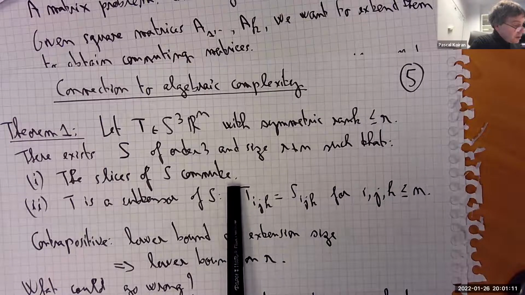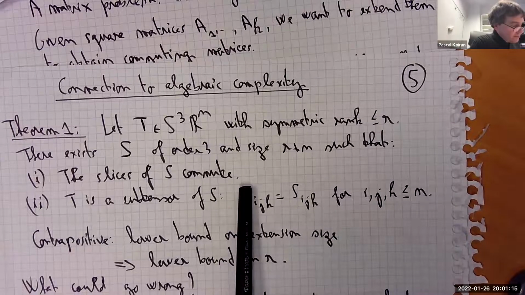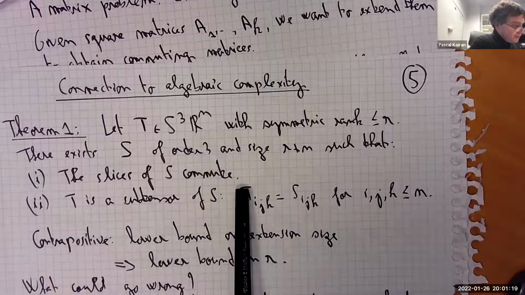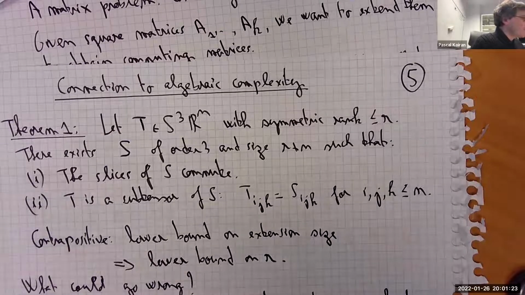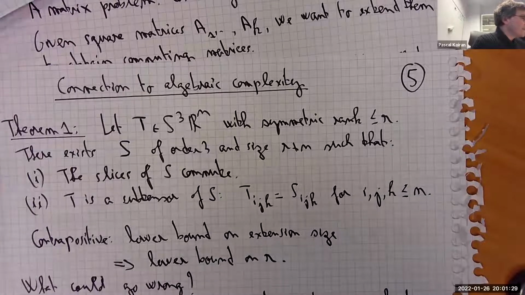Over R, they are automatically diagonalizable because they are symmetric matrices, and that's not true over C.